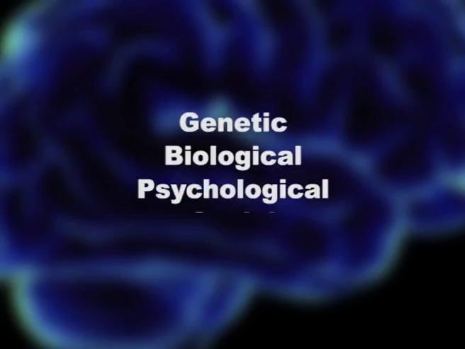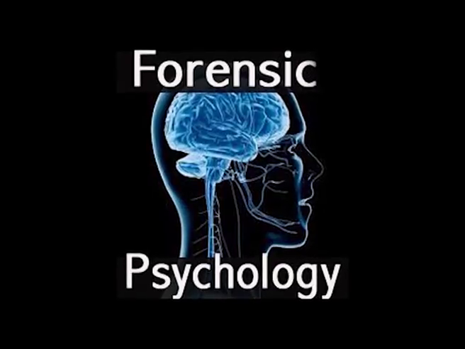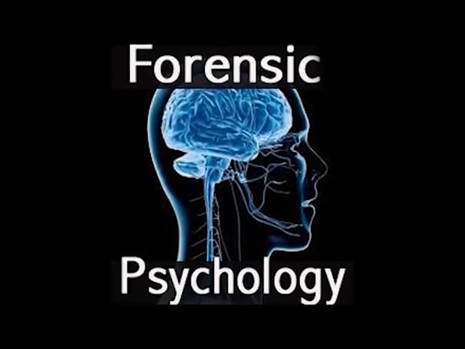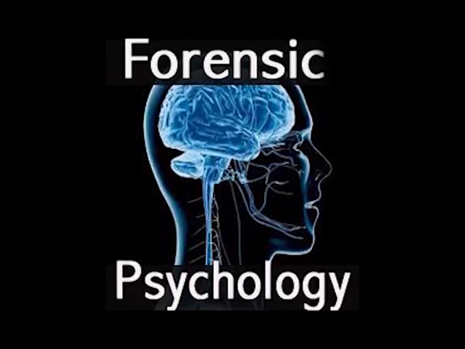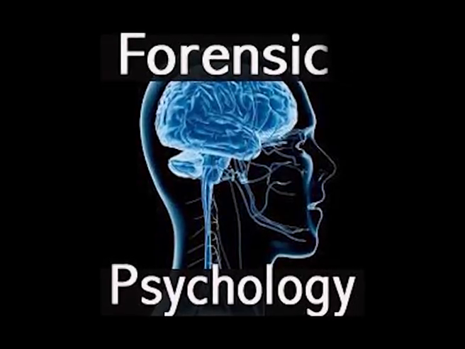Whilst applauding its attempt to integrate different levels of theorizing, that is genetic, biological, psychological and social, Howitt notes that the broad sweep of Eysenck's theory actually addresses few of the real concerns of forensic psychologists, who are more interested in questions about specific types of crime.